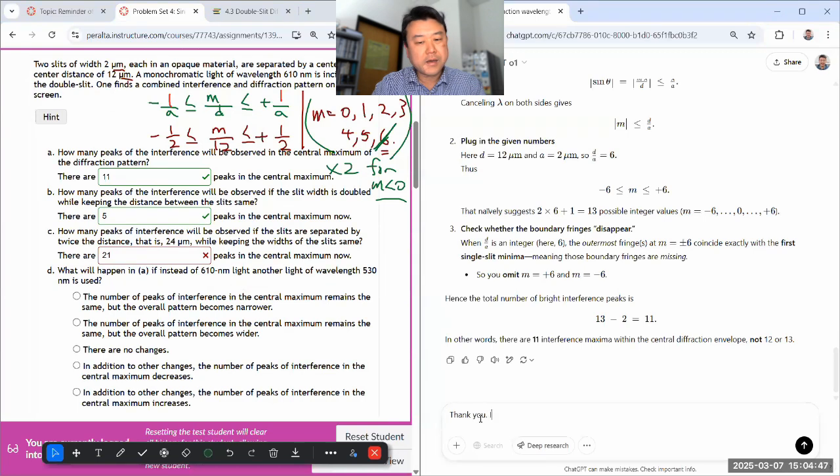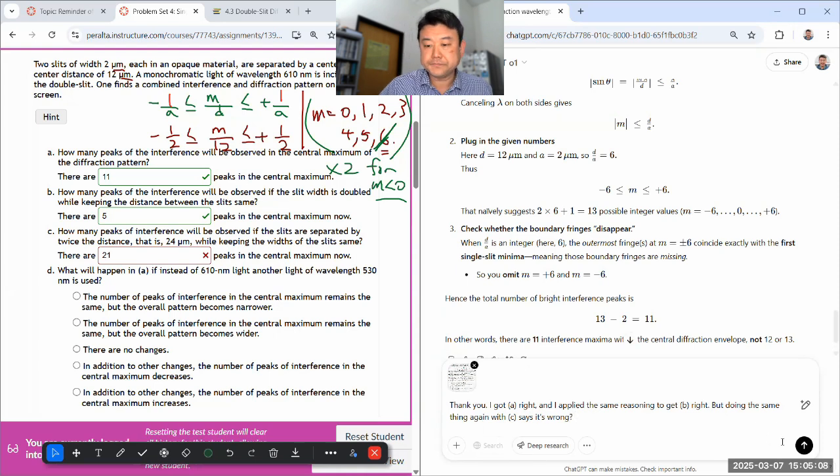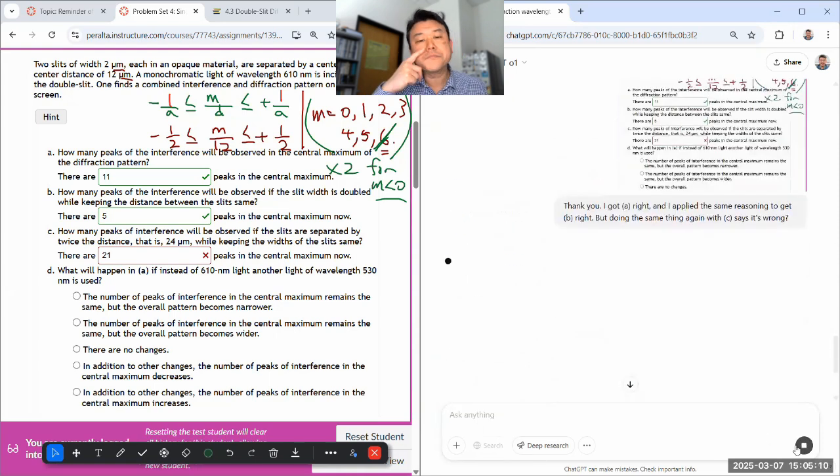Thank you. I got A right, and I applied the same reasoning to get B right, but doing the same thing again with the C says it's wrong. Let me just rethink it through.